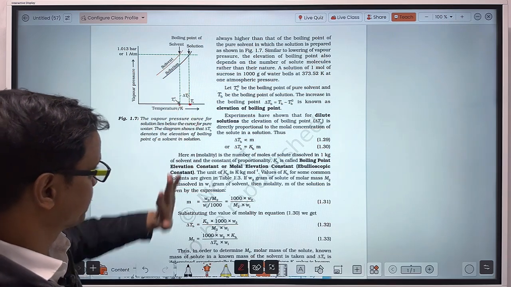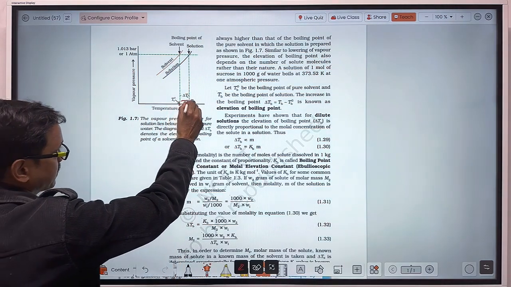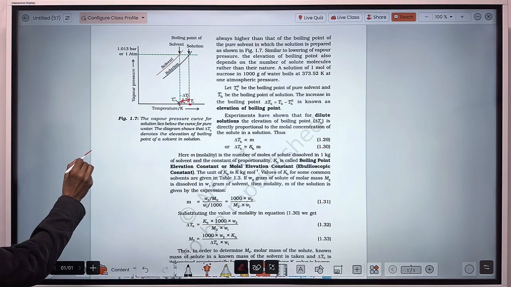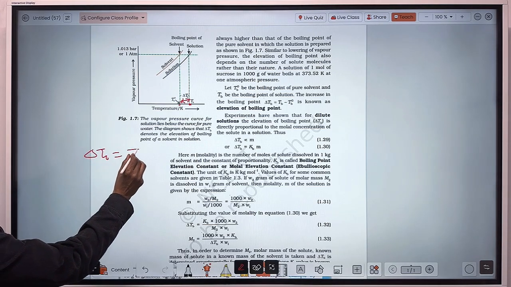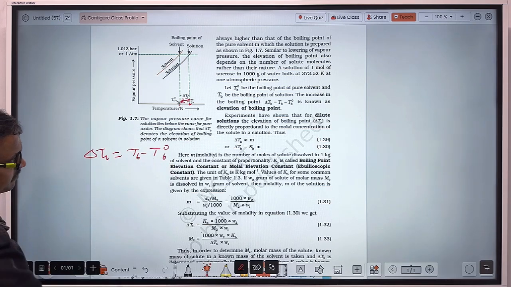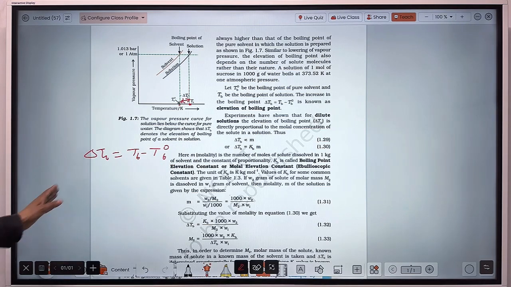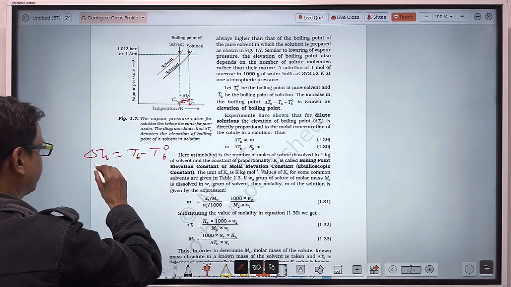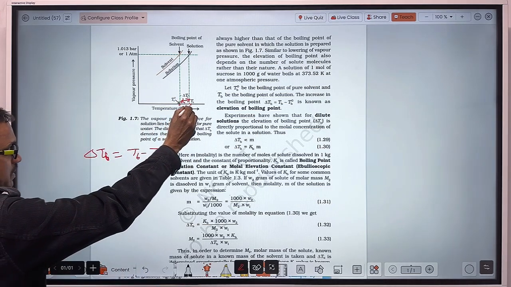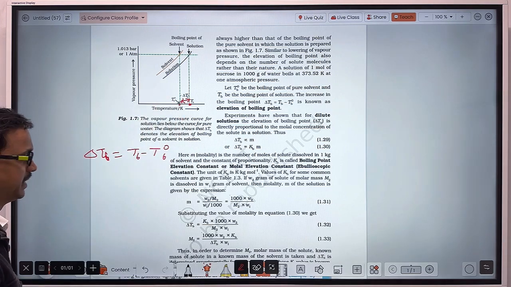The boiling point has increased when you converted the solvent to a solution. This increment is the elevation in boiling point. That means ΔTb will be equal to Tb minus T°b.